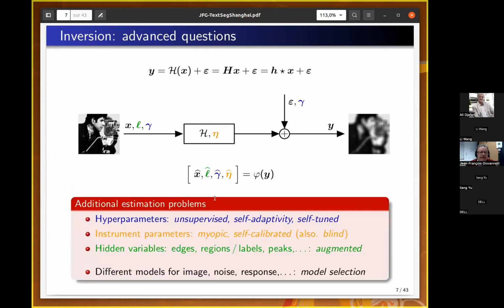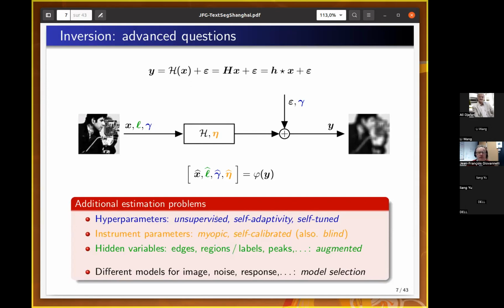This is the same idea as previously, but regarding advanced questions, I mean regarding extra parameters. The first one is the parameter that I mentioned on my previous slide regarding the compromise between data and prior. It means that we have something regarding level of noise or level of image that strikes the compromise between them.